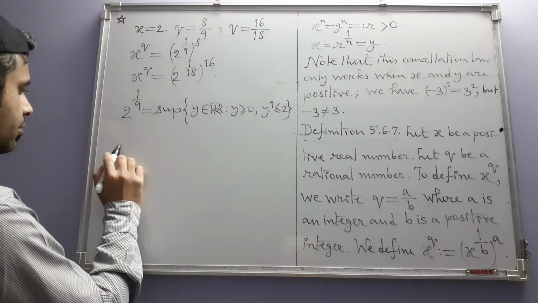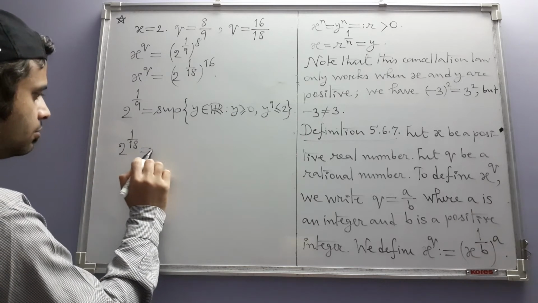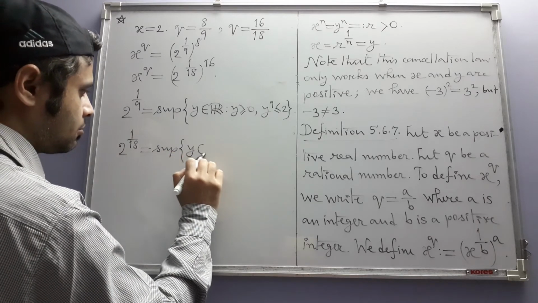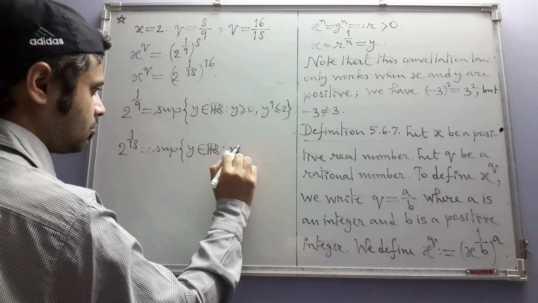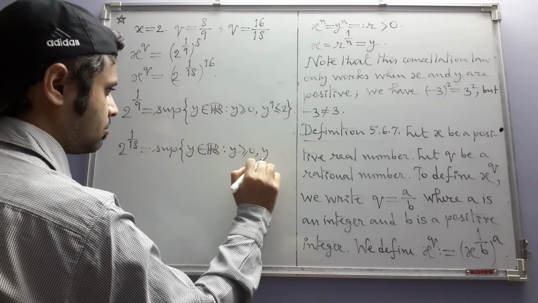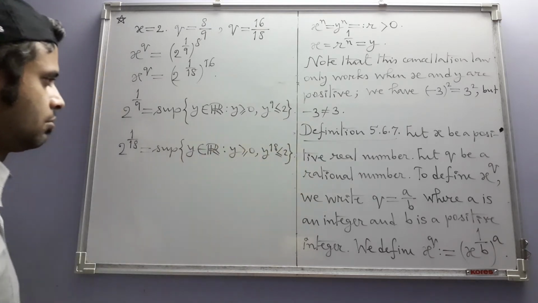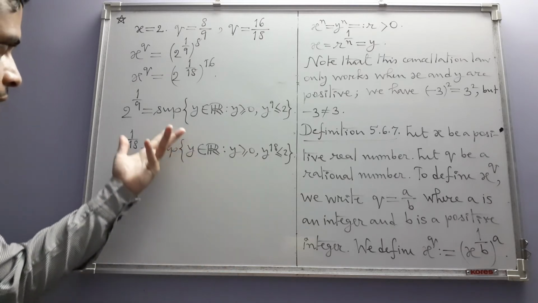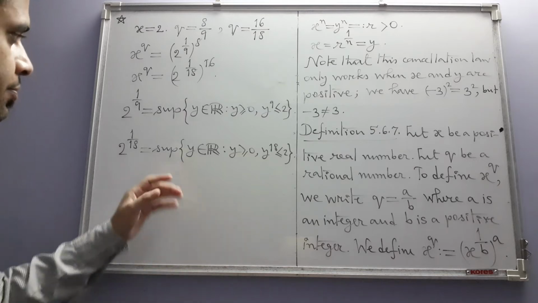And if one calculates the 18th root of 2, these are very different sets. Naturally, the suprema will also be different, likely.